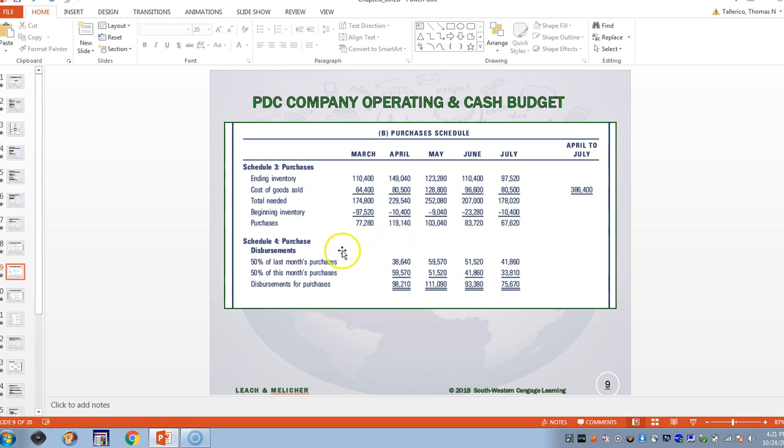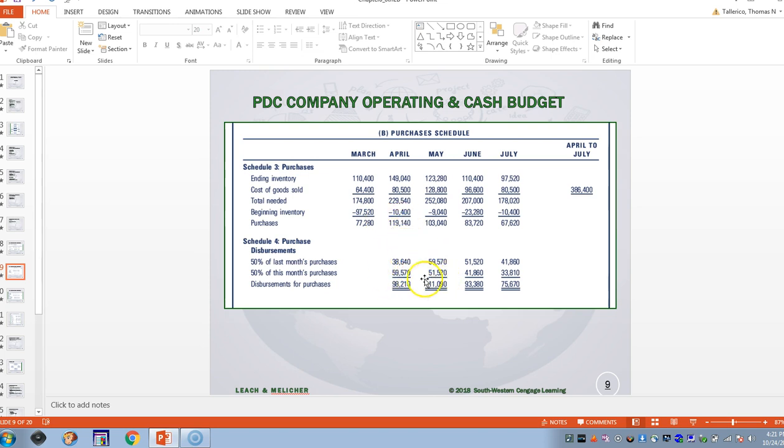All right, the next schedule, schedule 4, is purchasing, what we've got to buy. It's 50% of last month's purchases and 50% of this month's purchases. So 50% of this goes here, and half of this goes here. So this is a month delay. This pulls down. Again, these two numbers, you just multiply by 0.5, and you'll get these right here.